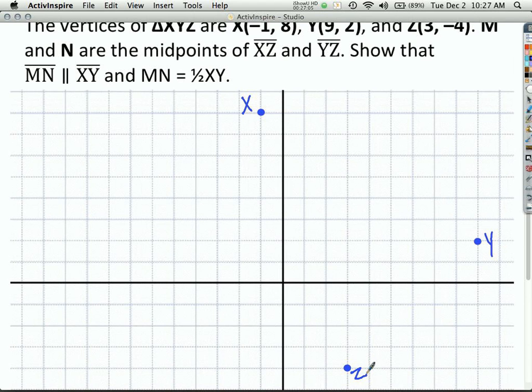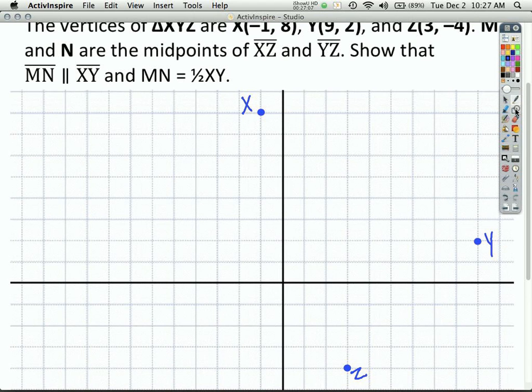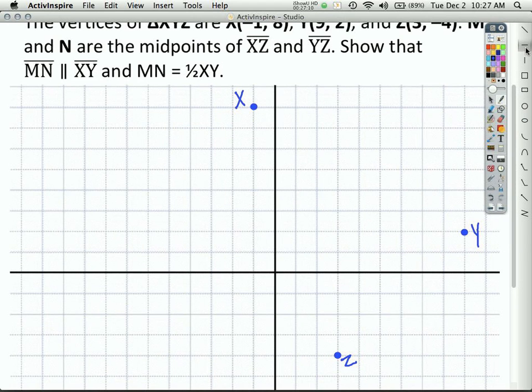And now everyone has a ruler. We're going to connect the points to form a triangle.